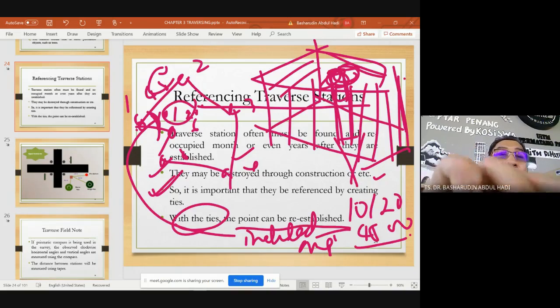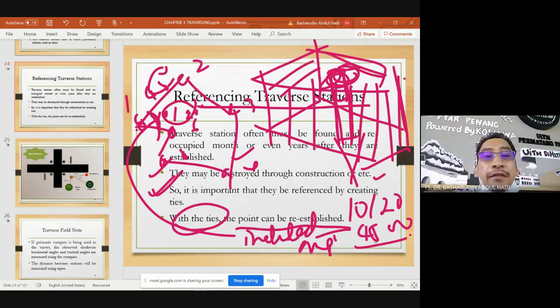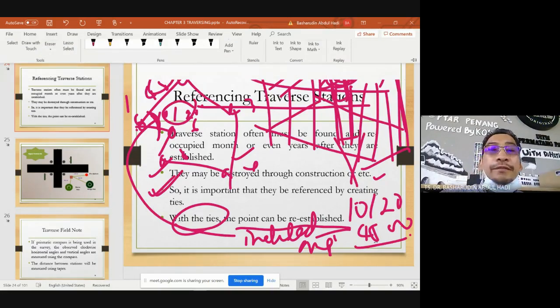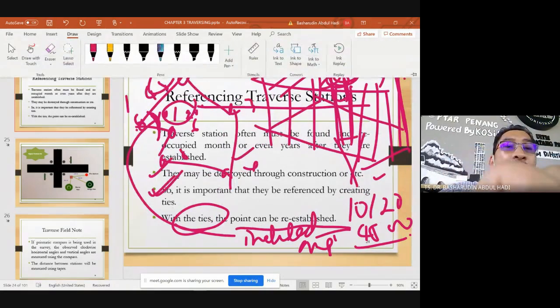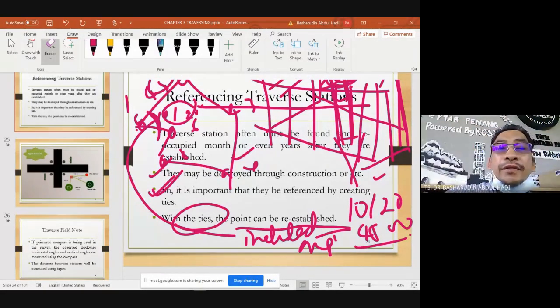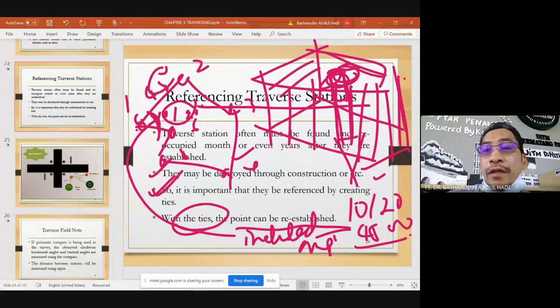Sometimes like this. Okay, I erase this one first. So we're going to erase. Let me erase first, because I want to draw a new one, and hopefully that's okay.